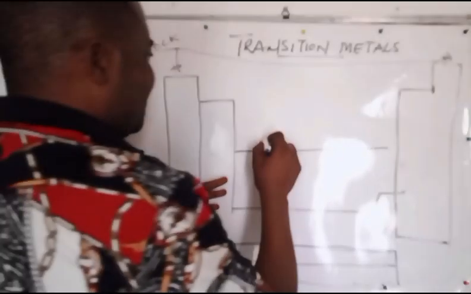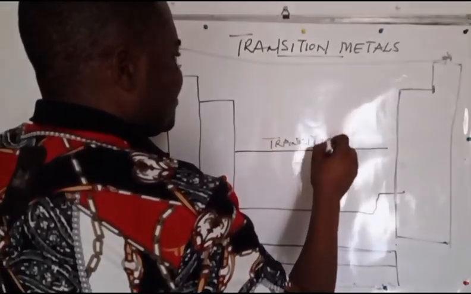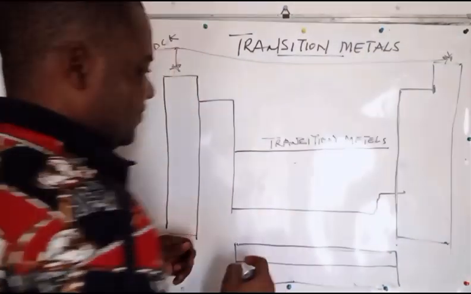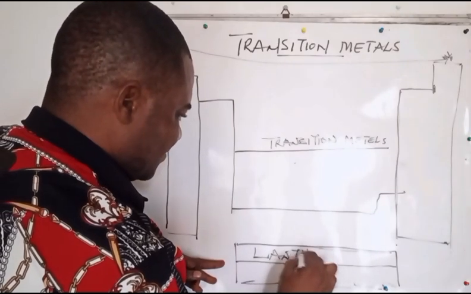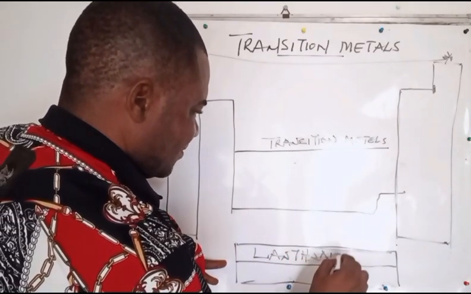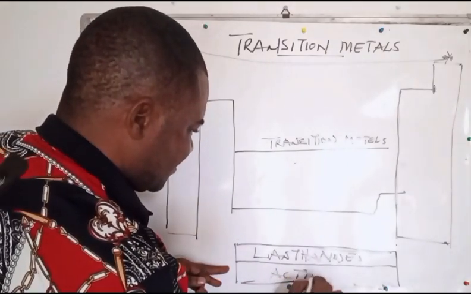And then here we have the transition metals or elements. And here we have the lanthanides. And here we have the actinides.